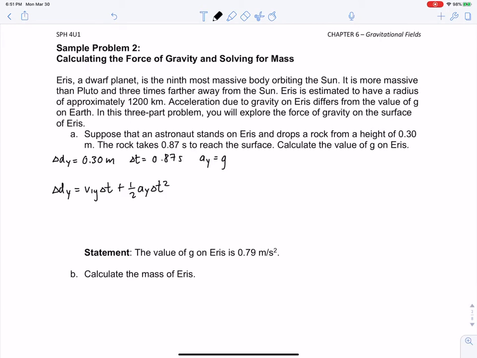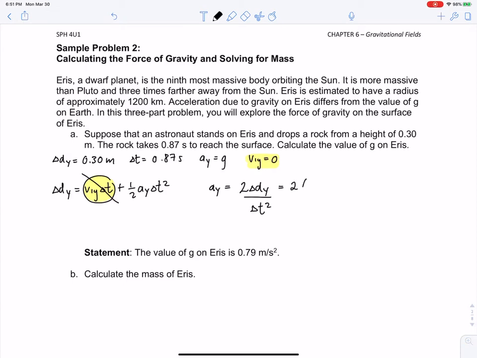Since this object was dropped from rest at a height of 0.30 meters, the initial velocity, v1y, is 0. Therefore, we can cancel out this term right here. This allows us to solve for acceleration in the y direction by rearranging for acceleration. We see that acceleration is equal to 2 delta dy over delta t squared.